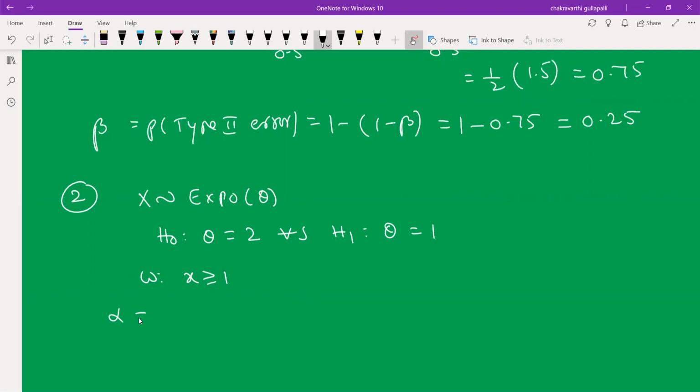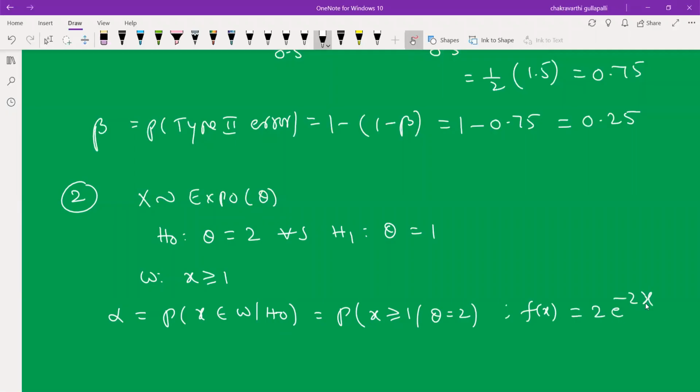In this case, alpha is the probability of x belonging to W under H naught, that is, the probability of x greater than or equal to 1 under H naught with theta value 2. The corresponding probability density function is 2 into e power minus 2x, x greater than or equal to 0.